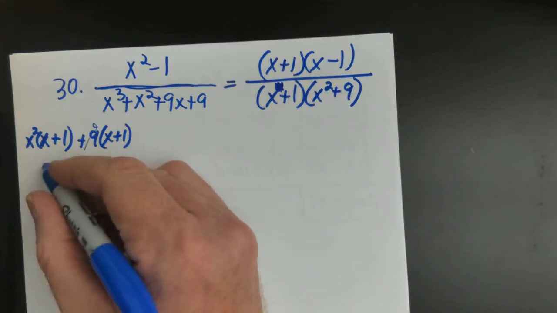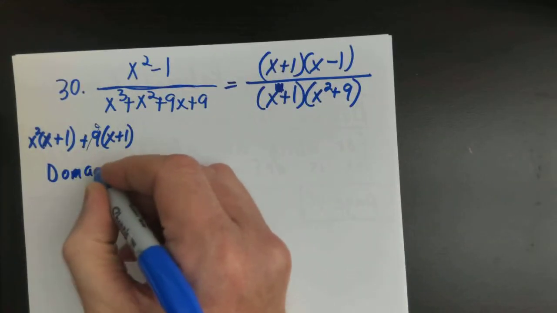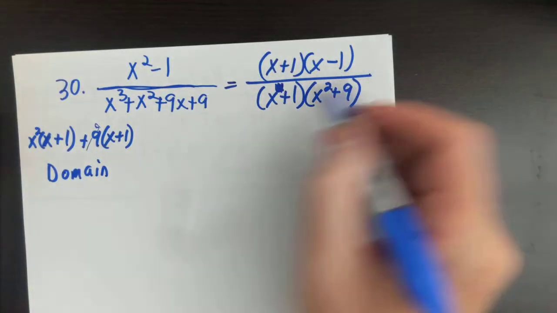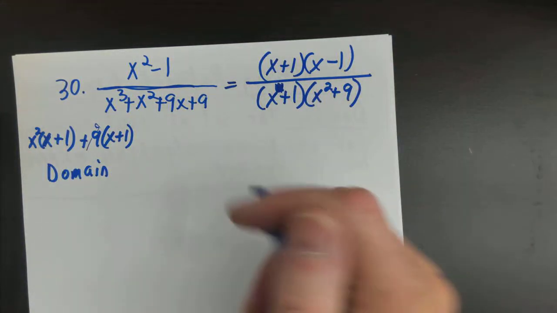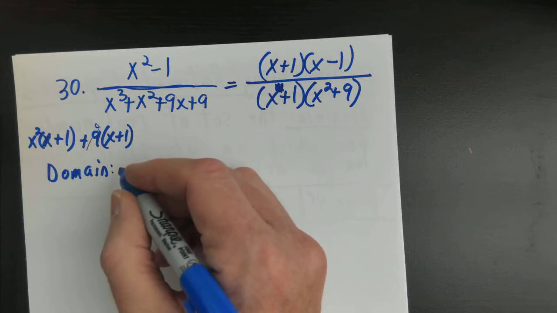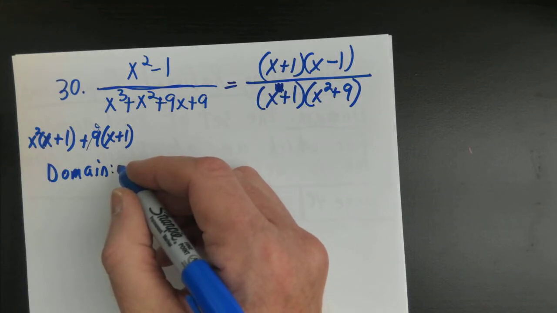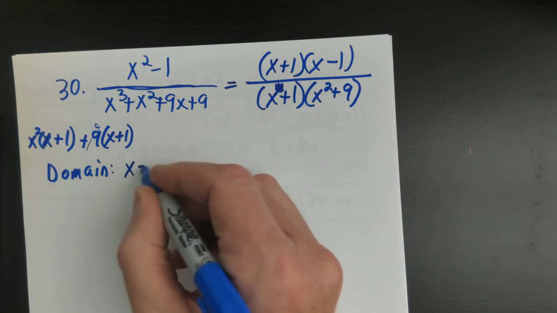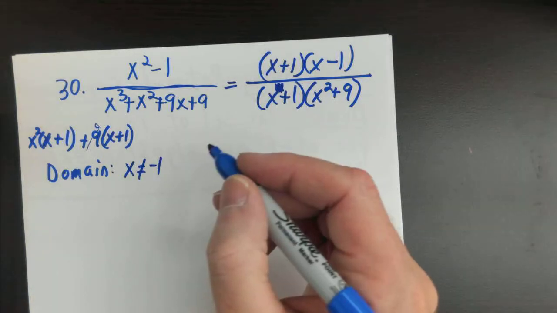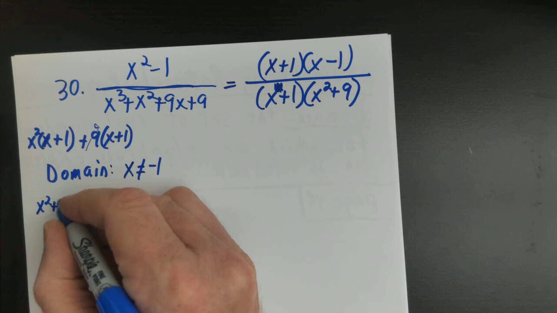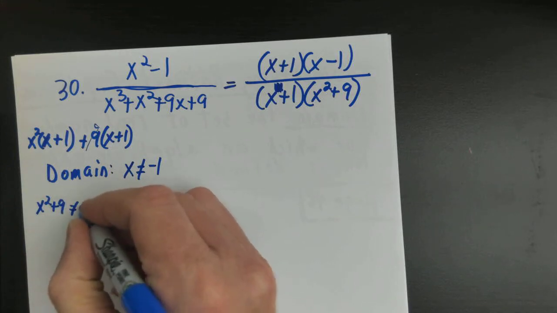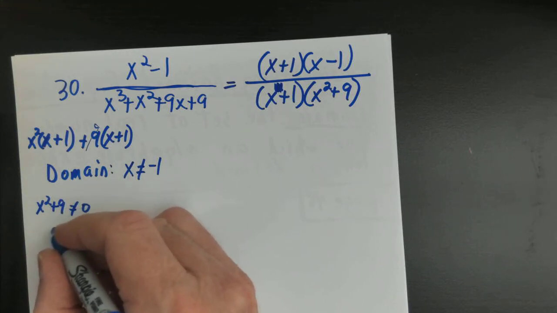Now, domain-wise, so I factored it. Now I'm going to get the domain, and sum of squares, that doesn't have a factoring pattern to it. X can't be negative 1. Now here's something that's interesting. X squared plus 9 cannot equal 0. I don't think that's going to be a problem.